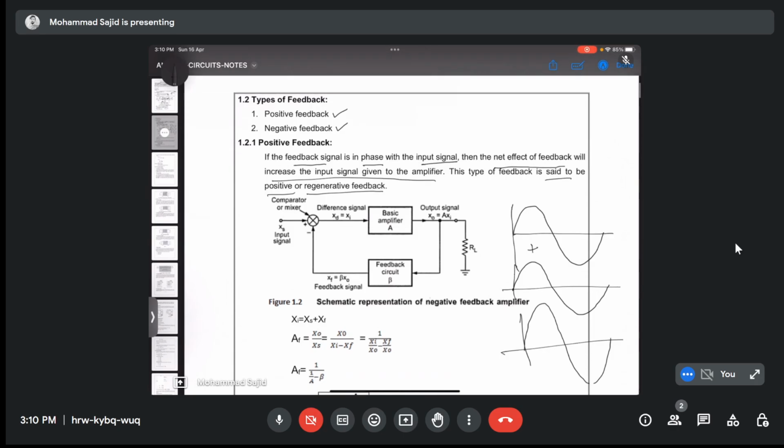This is again the representation here. Beta times xo is taken as feedback and fed to this mixer. What does the mixer do? It gives us the difference of the two signals. Here it is xs, then here it will be xs plus or minus xf, right?